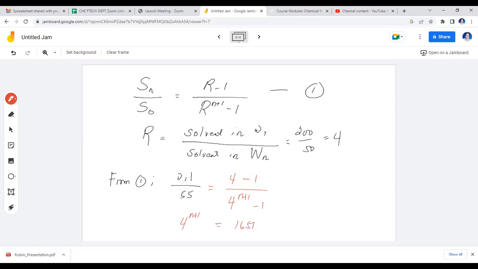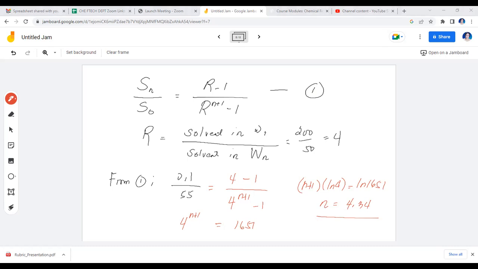You take ln of both sides: n plus 1 times ln of 4 equals ln of 1651. You can solve for n, and that n is equal to 4.34. So the number of washings or thickeners is 4.34.